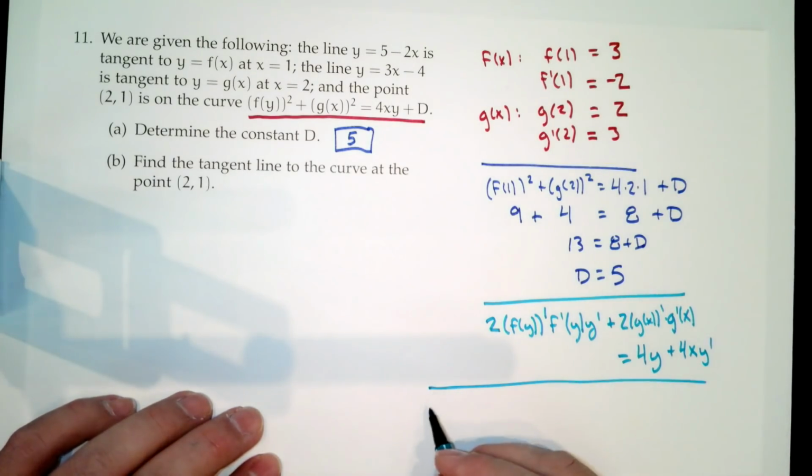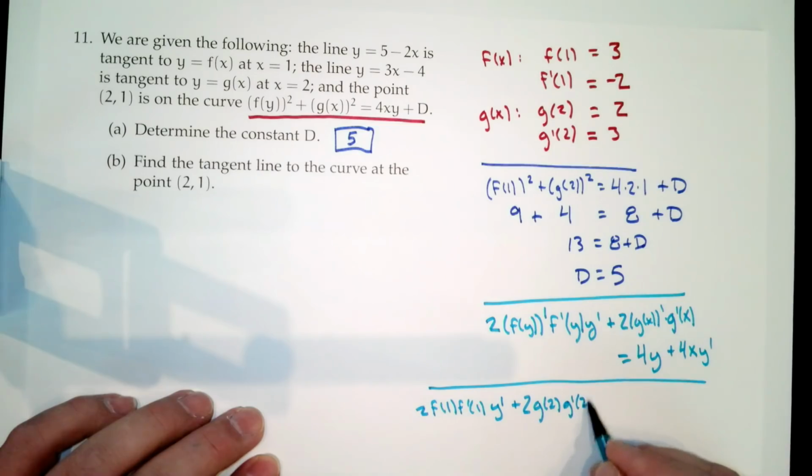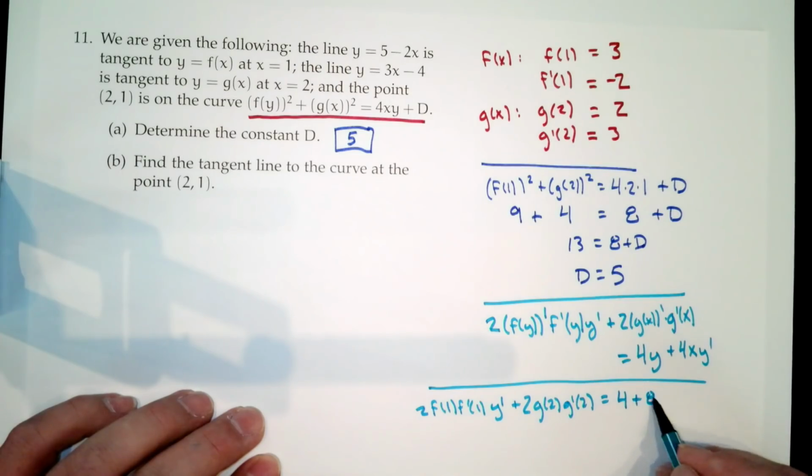So 2 times f of 1 times f prime of 1 times y prime, plus 2 g of 2 g prime of 2, is equal to 4 times 1, which is 4, plus 8 y prime.